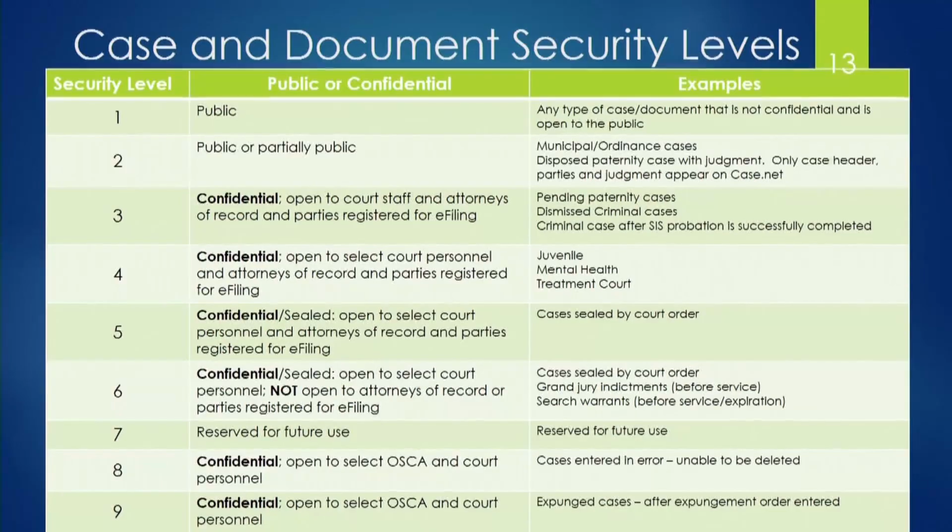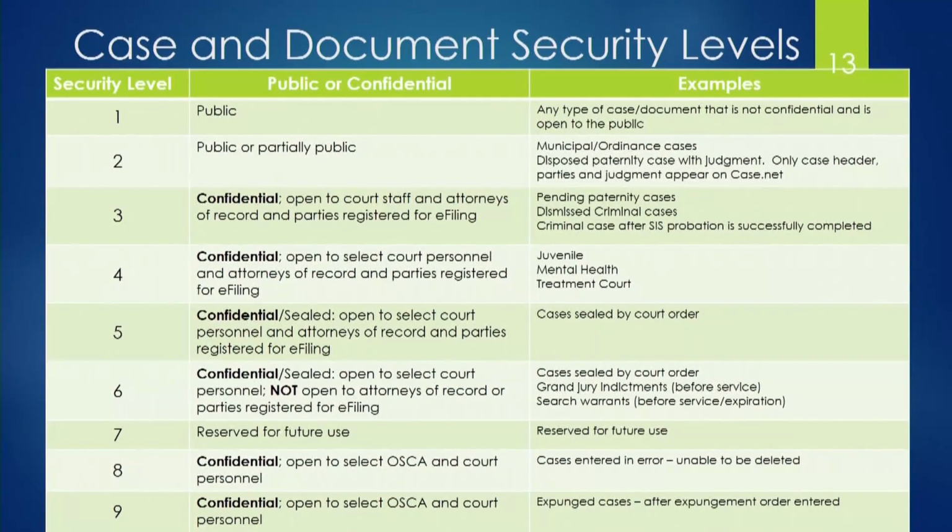I'm going to briefly review the case and document security levels that the statewide case management system uses. The case level security levels are used with case level securities 1 through 9. Security levels 1 and 2 are considered public or partially public. Those would include all of your public cases and then also the paternity cases once a judgment has been entered.